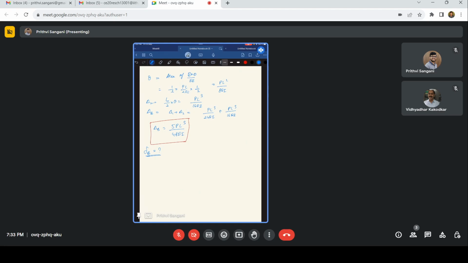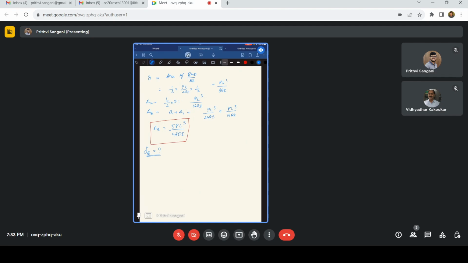This is compatibility equation number 1. And also we have theta B plus theta B dash plus theta B double dash is equal to 0. This is my second compatibility equation.